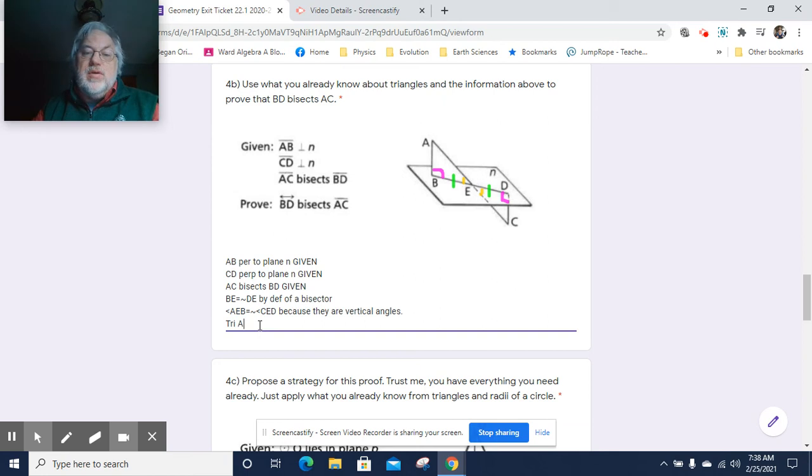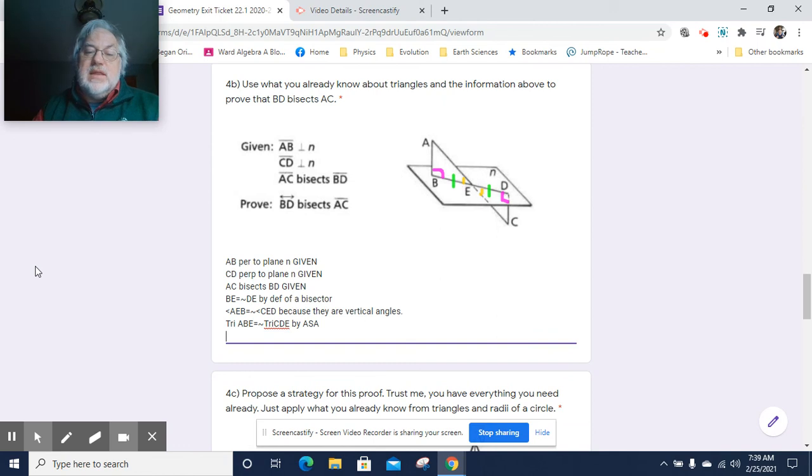So triangle ABE is congruent to triangle CDE by angle-side-angle.